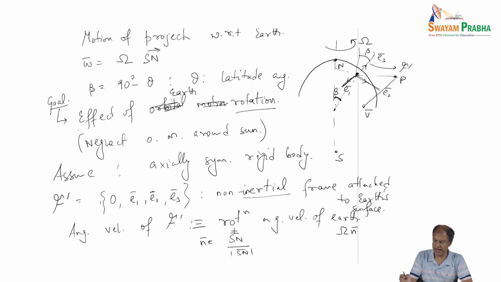So this is our n axis. And omega is 2 pi radians per day.